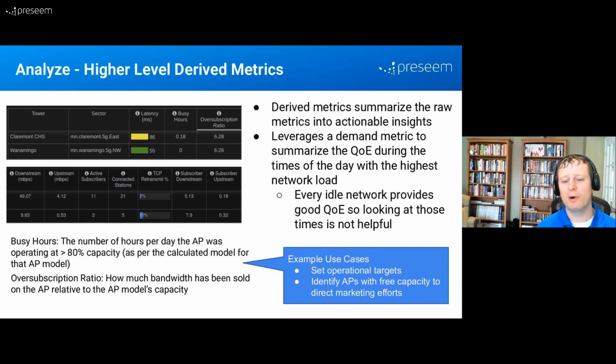So this view has a whole bunch of interesting metrics, but the two that I want to talk about because they're very relevant to the fixed wireless report is busy hours and the oversubscription ratio. Busy hours is basically the number of minutes of the day that the access point spends over 80% capacity. And the key thing here is that 80% capacity is based on what we observe over the tens of thousands of access points, not what's on the marketing spec sheets or some manually configured value.